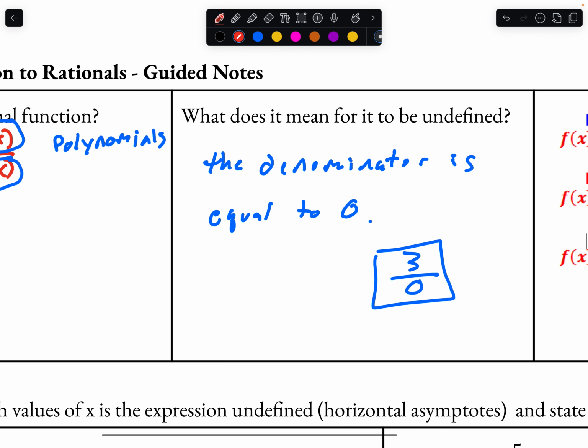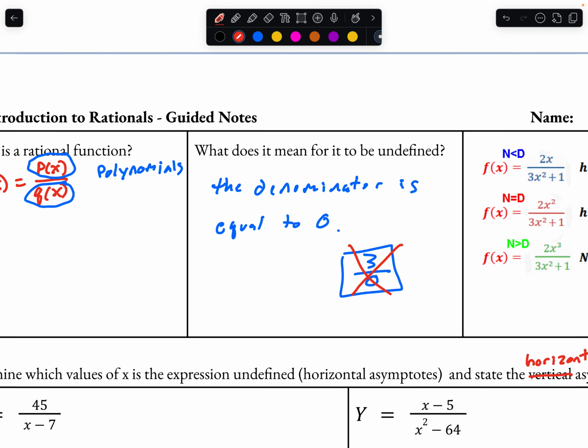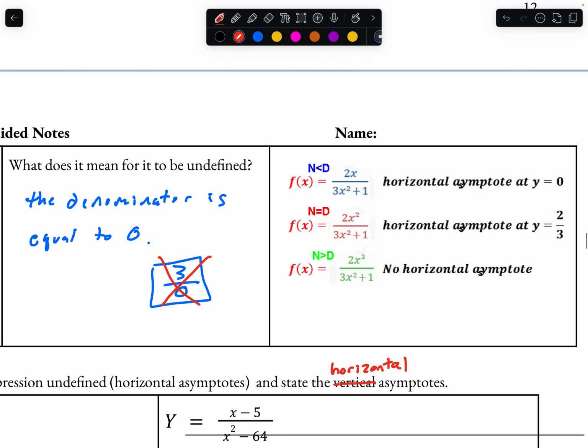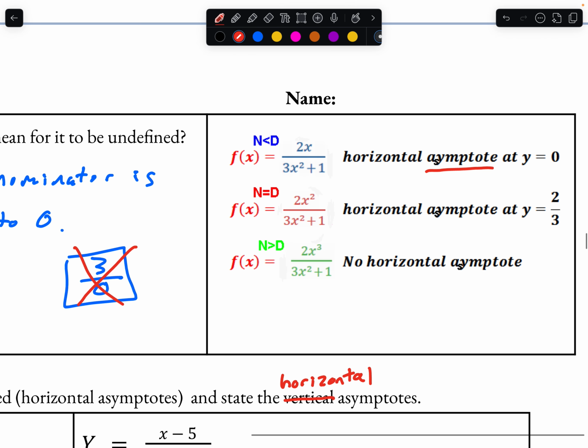That doesn't really make sense. So undefined is an important concept. Another concept here is that rational functions have asymptotes. This word right here, asymptote. They can be either horizontal or vertical.